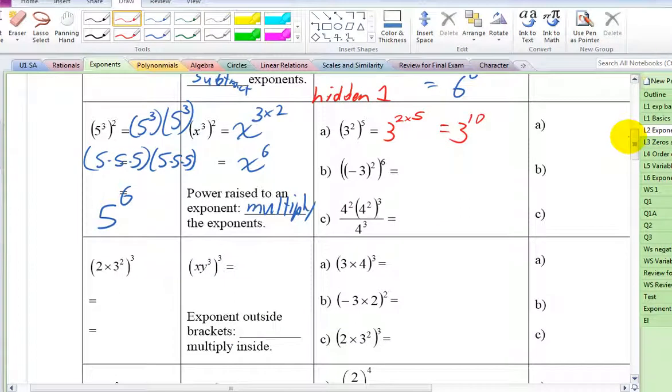Okay, next one. Keep the -3 in brackets, tell me what to do with the exponents, and then tell me the answer. 2 times 6, -3 exponent 12. Okay, let's find an answer to this one right away.